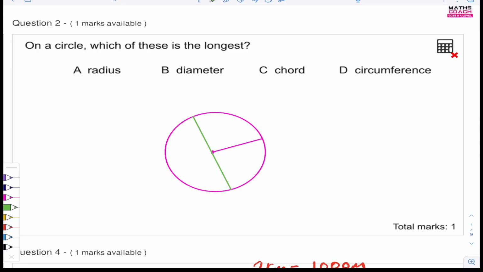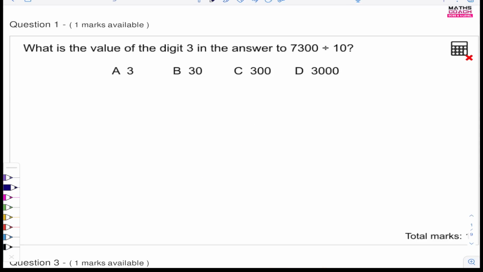A chord is something that goes from one end of the circle to the other end, but it doesn't go to the center, so it's not the diameter. So the longest side is the circumference right there. Well, it's not a side, but the length. That's the longest, circumference.